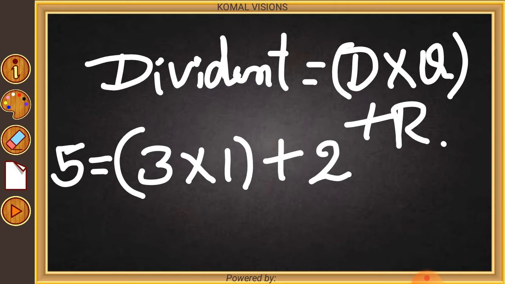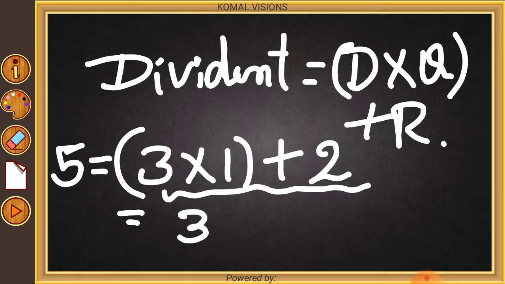If you see here, our dividend was 5, which is equal to divisor 3 into quotient 1 plus 2 as the remainder. When I solve this, whatever you have on the RHS, I should get again the LHS part, which is nothing but 5.